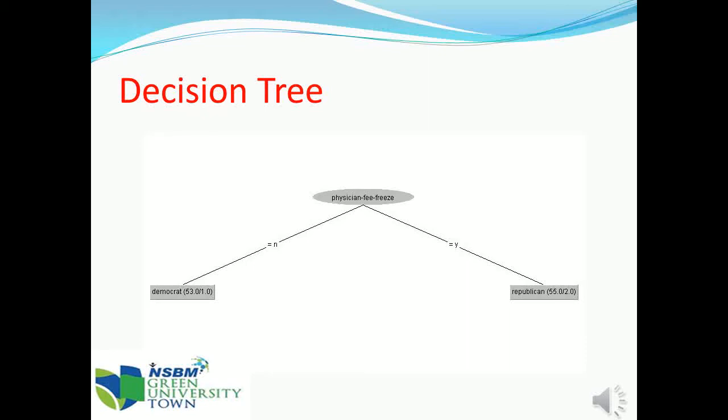Tree is a hierarchical data structure which stores the information naturally in the form of a hierarchy. According to the decision tree, physician fee freeze no are Democrat. They are 53 instances. Physician fee freeze yes are Republican. They are 55 instances.